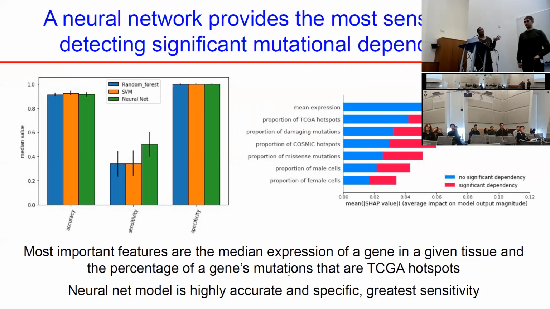However, they were not so sensitive, unlike the neural net that was more sensitive than the other ones. We also look at the importance of our features, and we found that the mean expression and the proportion of TCGA hotspots were more important, which actually agrees with some of the literature that these features were more predictive than any other ones.